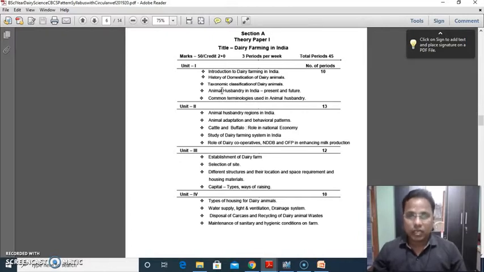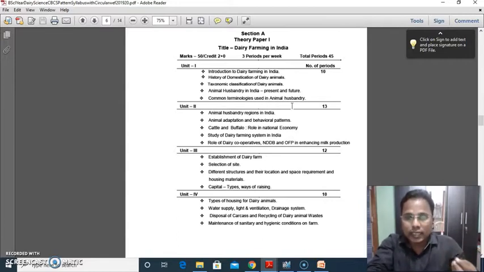Then animal husbandry in India, present and future. What are the different scopes available for animal husbandry in India? Then the common terminology used in animal husbandry, meaning the various words which are used in dairy science. For example, what do you call a sheep and a male sheep, a male goat, a female goat?